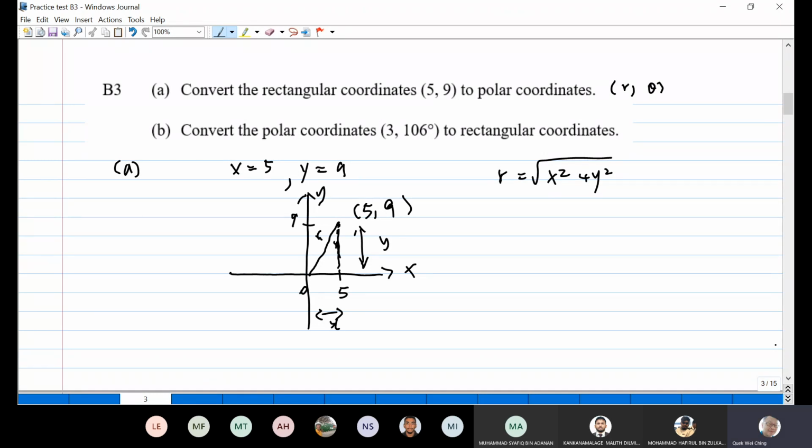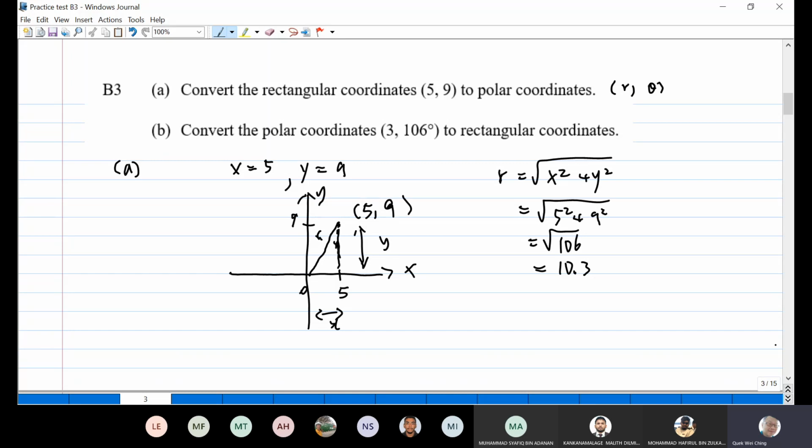So x is equal to 5, y is equal to 9. Press the calculator: square root of 106, so r is equal to 10.3. So this is r.